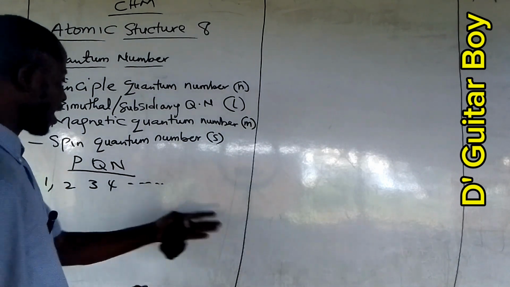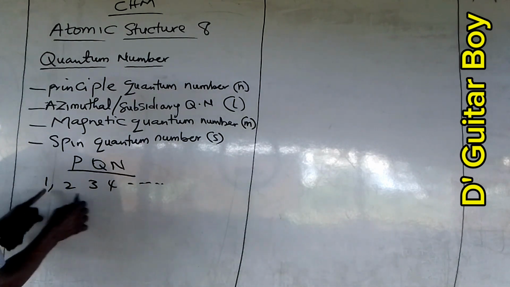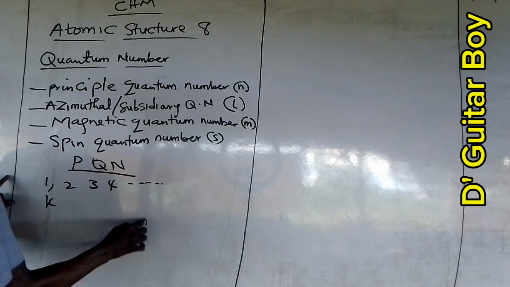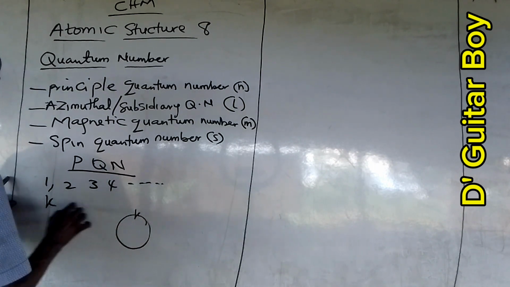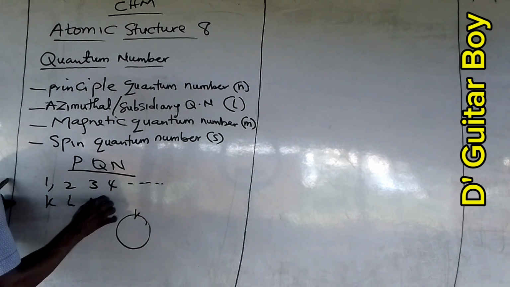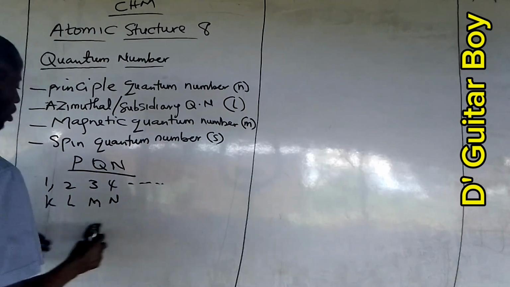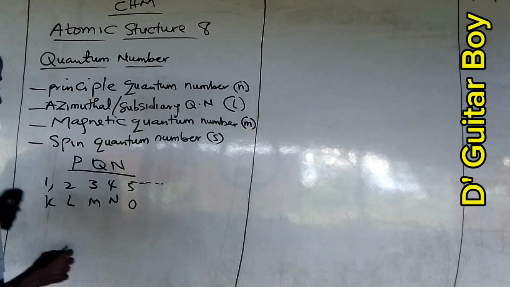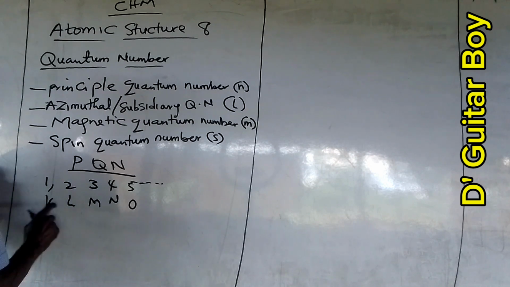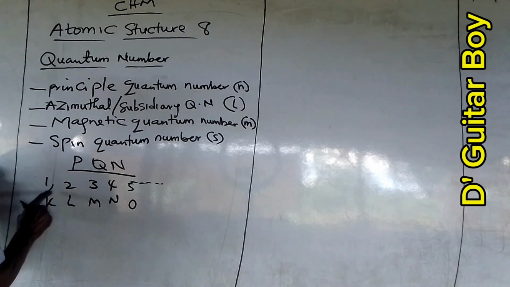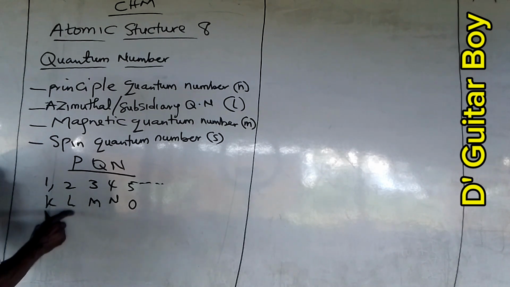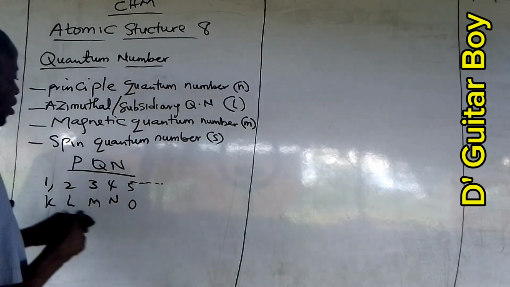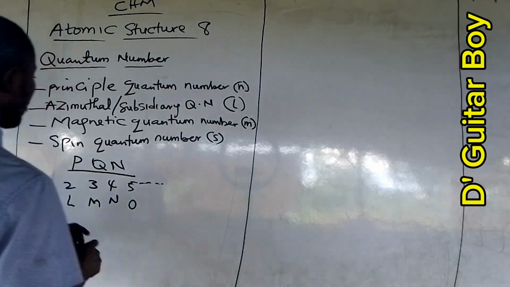And these represent the K shell, just like I drew those circles just now: K, L, M, N, and if you have a fifth, O. So K represents 1, L represents 2, M represents 3, N represents 4, O represents 5.